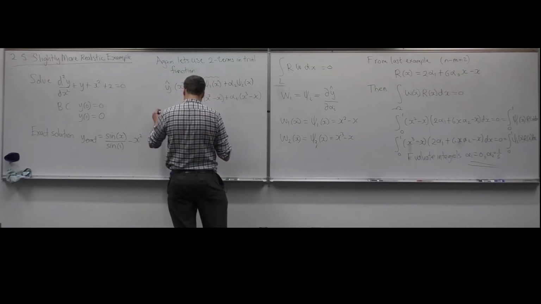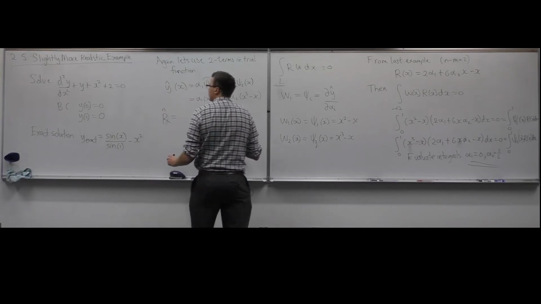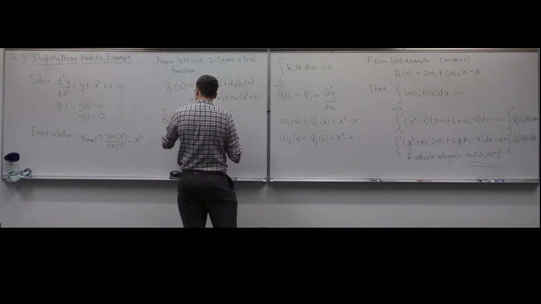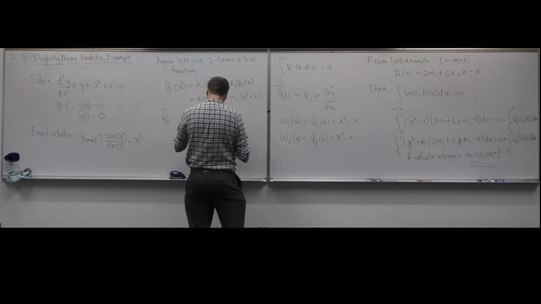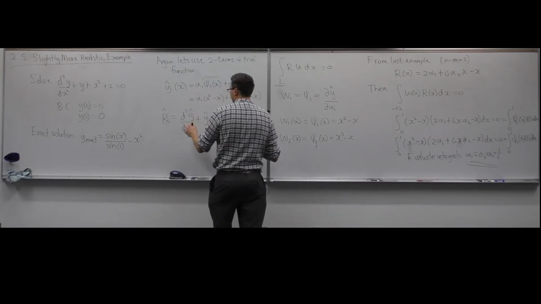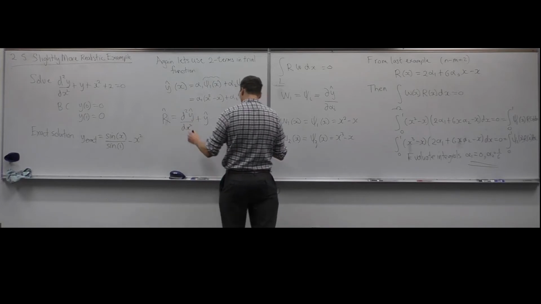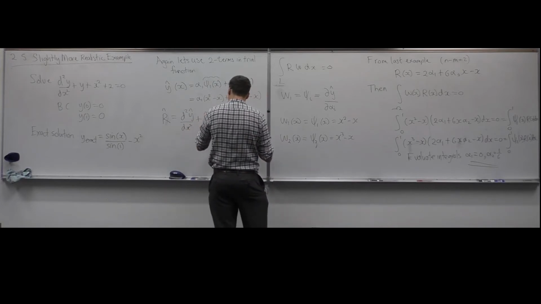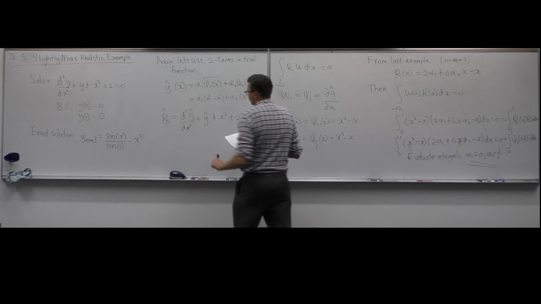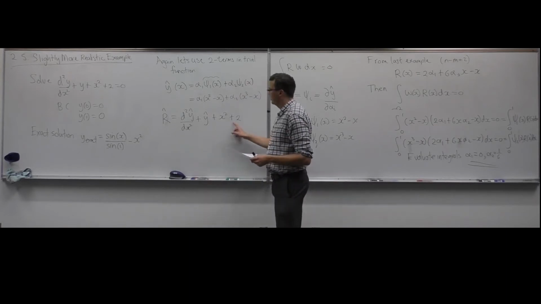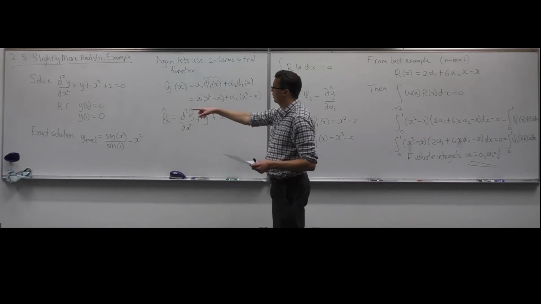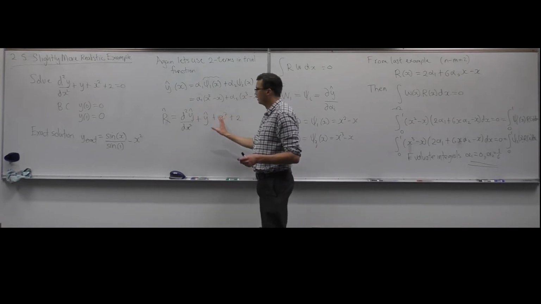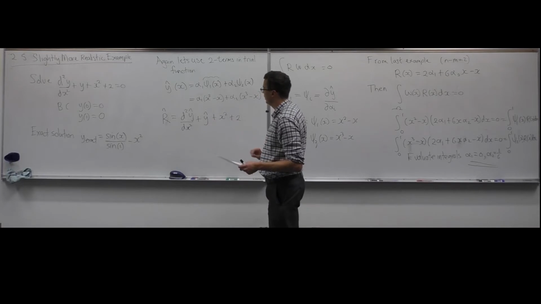So we have the residual is going to be equal to the second derivative of y hat with respect to x squared plus y hat plus x squared plus 2. So we ideally would like this to be 0 across the entire range from 0 to 1, because then the trial function would be exact.